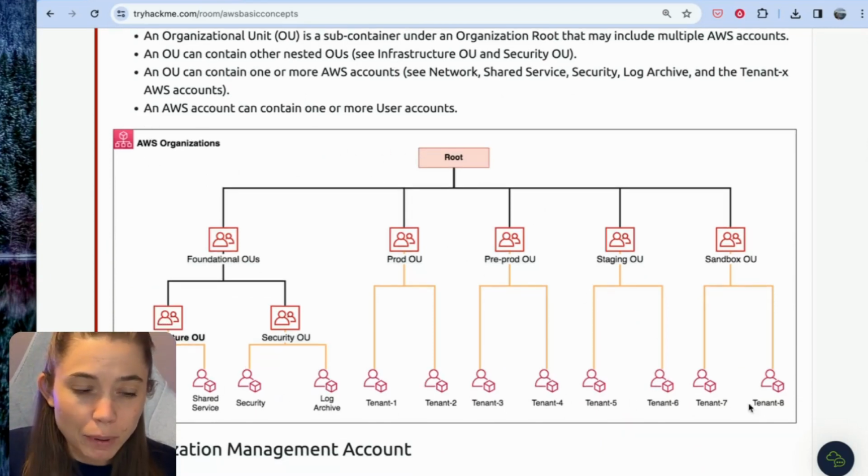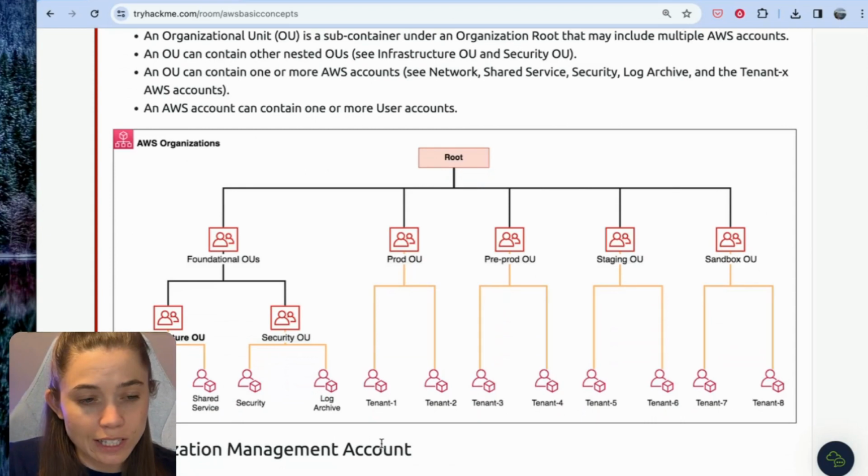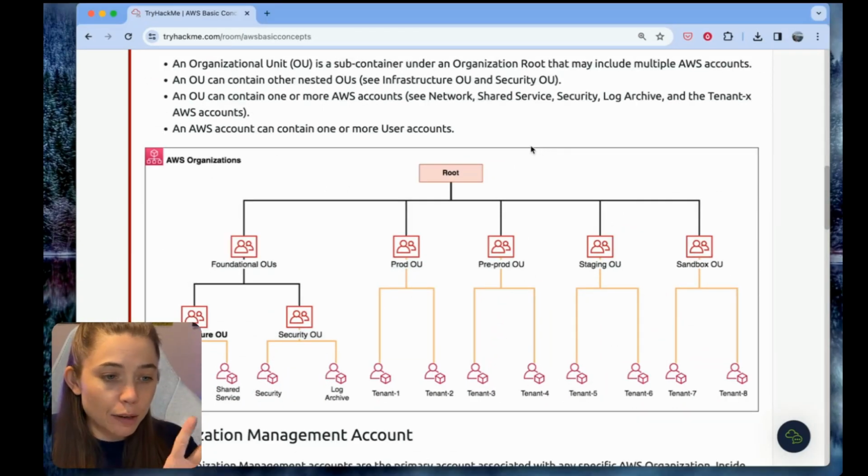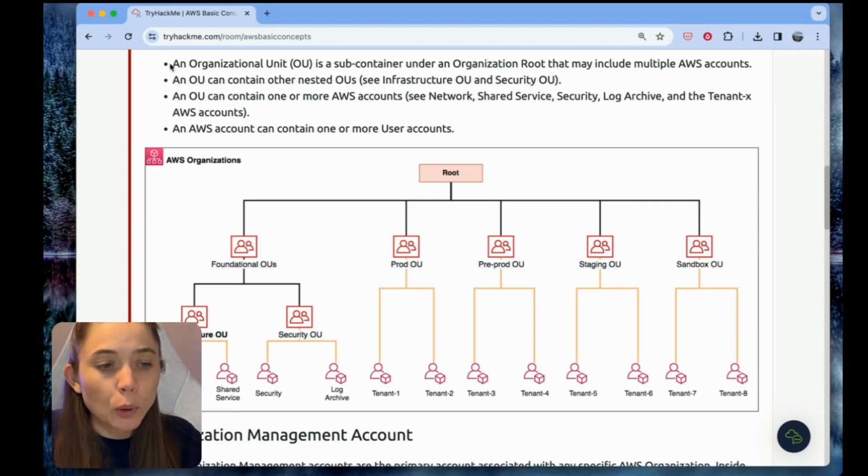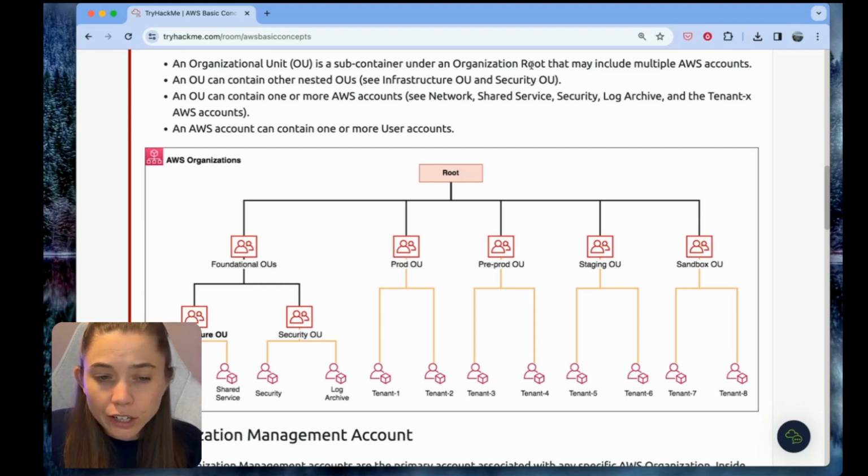First of all, we have the parent container, which is the organization itself. And from what I can tell, this is a pretty traditional AWS organization setup. So let's step through these bullets and point out what's what. An organizational unit is a subcontainer under an organization root that may include multiple AWS accounts. So every organization has this root AWS account here at the top of the tree, and then you can divide nested accounts into organizational units.